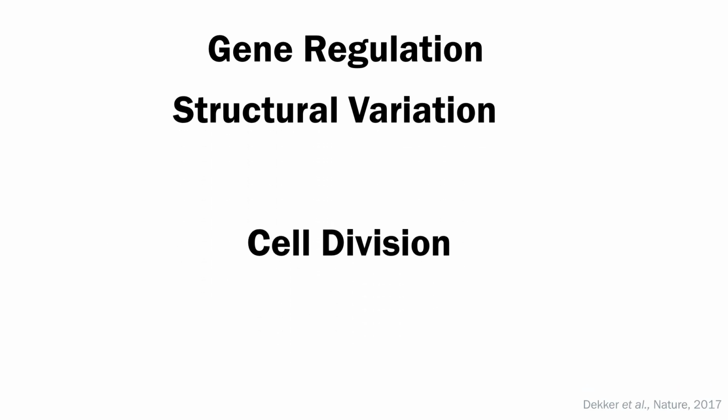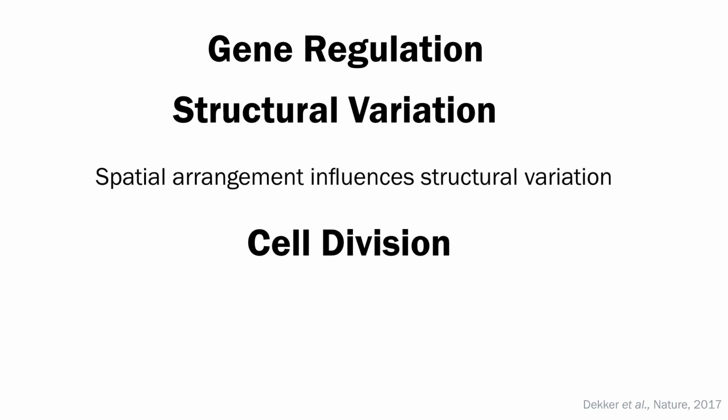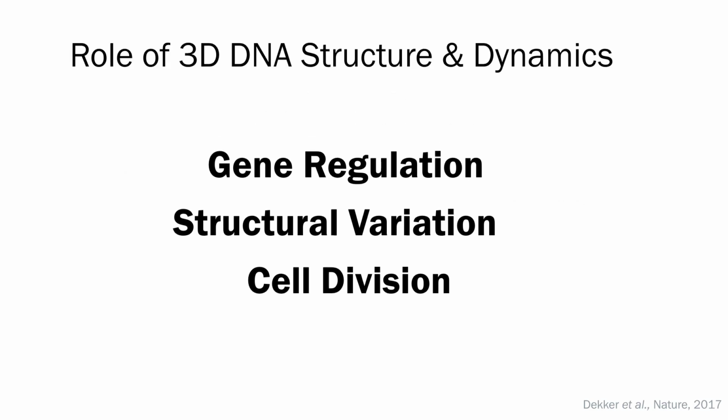In terms of structural variation, as I said, if you understand the spatial arrangement, you can understand why certain structural variants occur or not occur, and how they might actually affect regulation and other things down the line. And cell division I already explained.